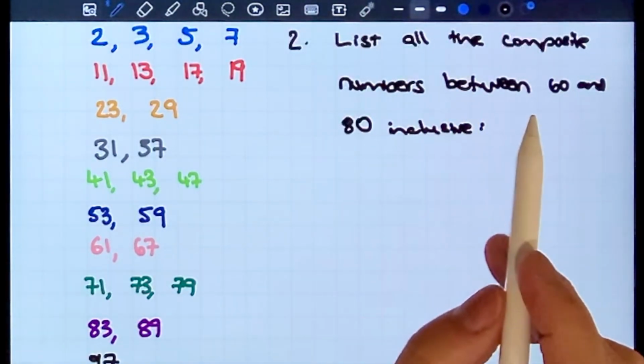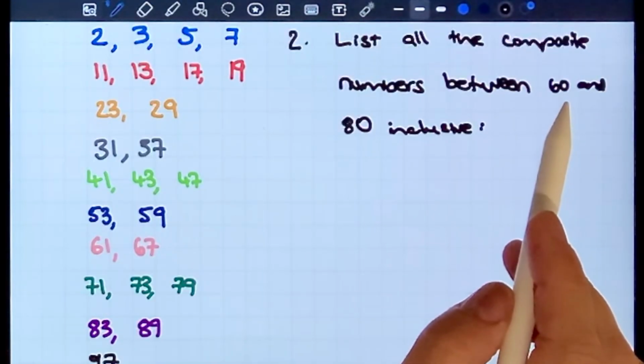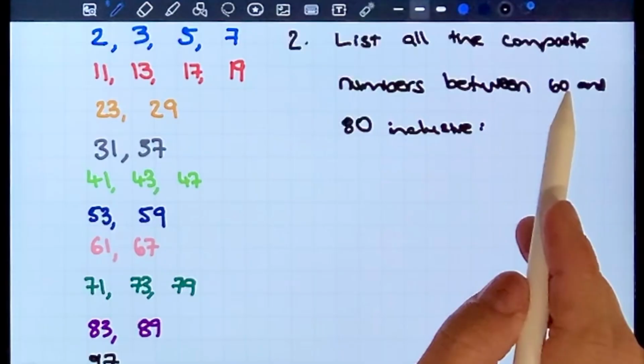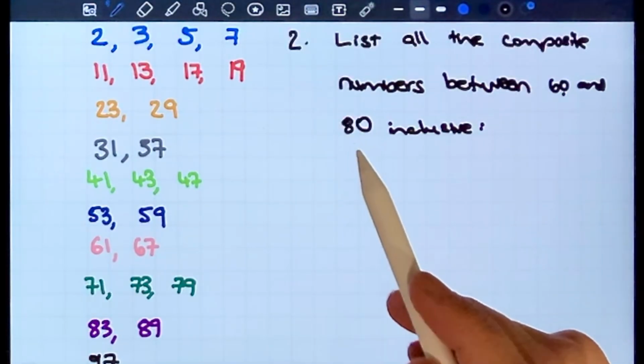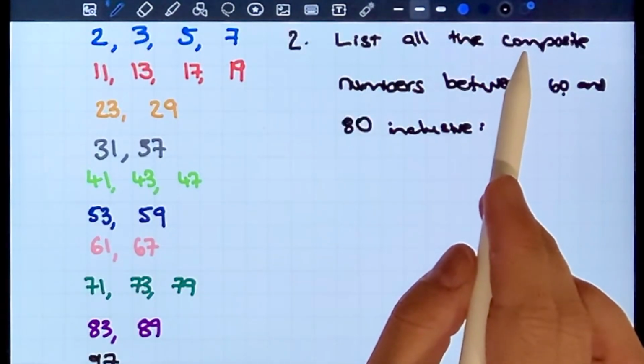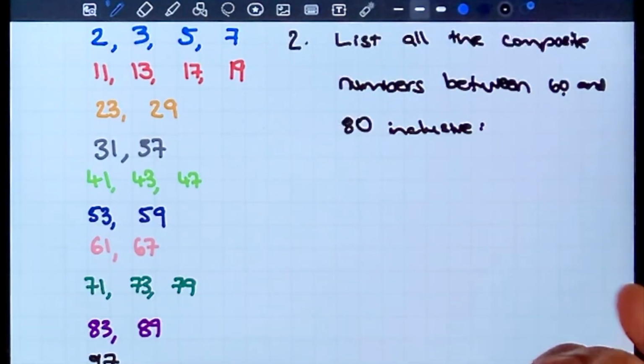So what that means is that all numbers between 60 and 80, including the number 60 and the number 80, it wants us to list all the composite numbers.